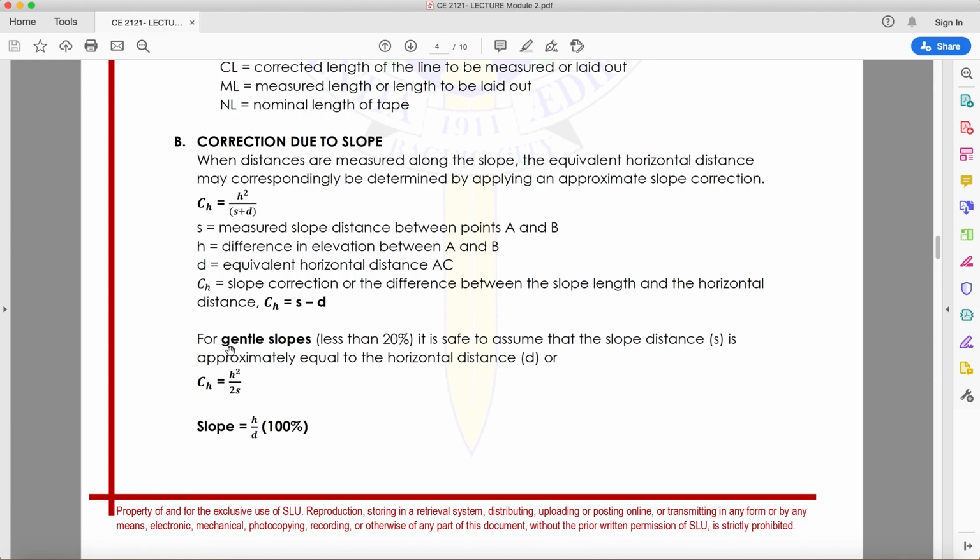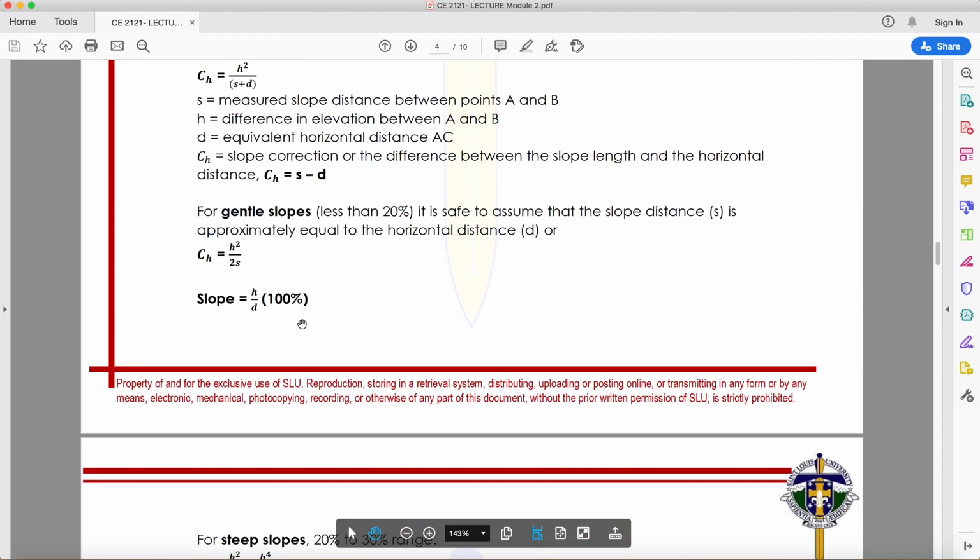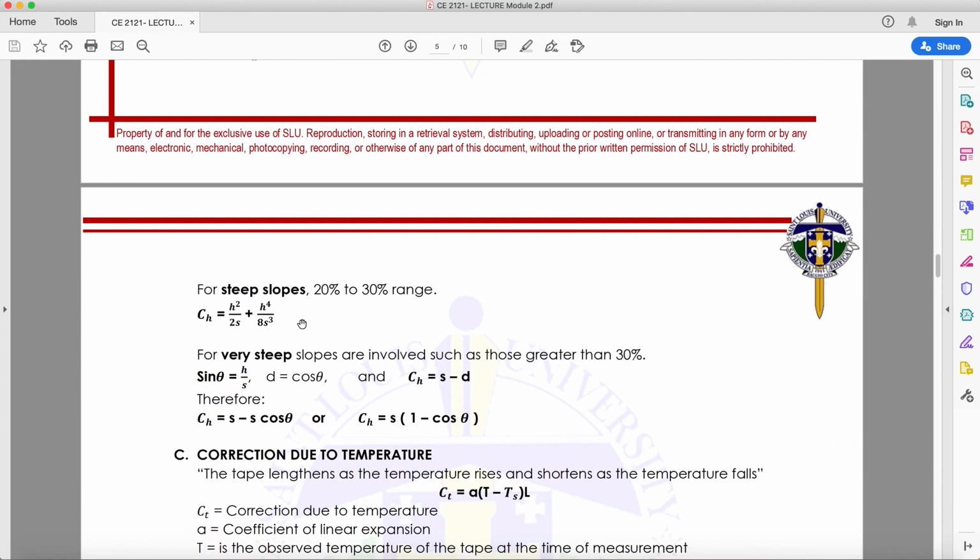Okay? So for gentle slopes less than 20%, it is safe to assume that the slope distance is approximately equal to the horizontal distance. Okay? Which is CH is equivalent to h squared over 2S. For the slope, it is H divided by D times 100. Okay? For steep slopes, 20 to 30% range, use this formula.